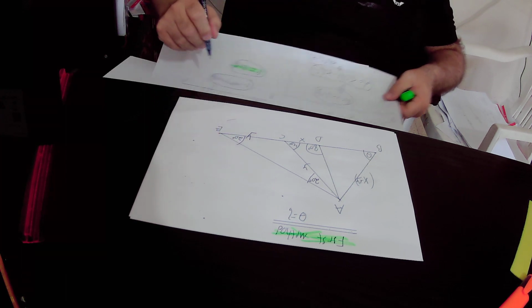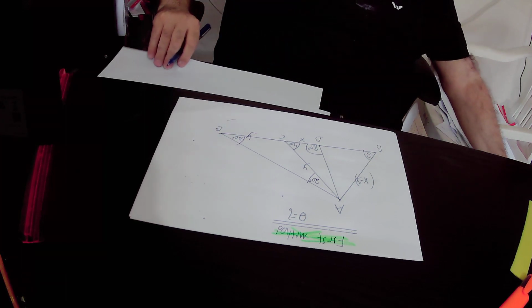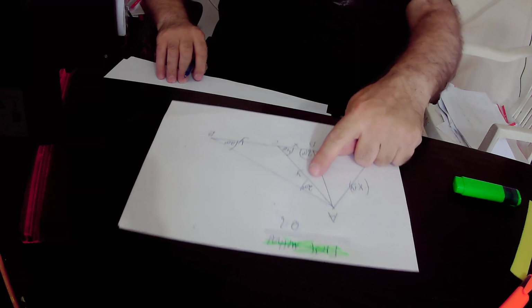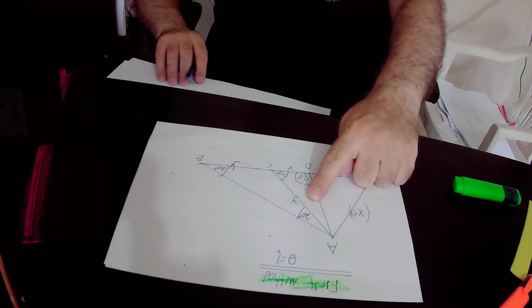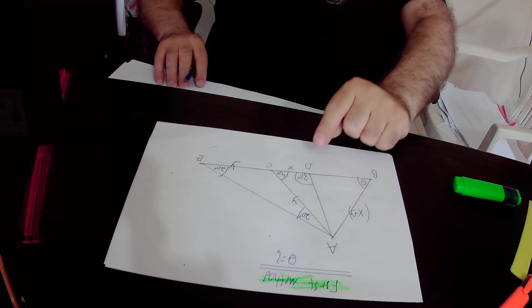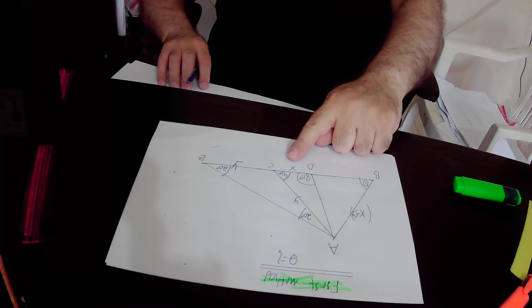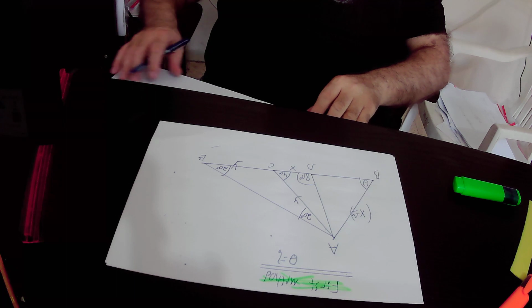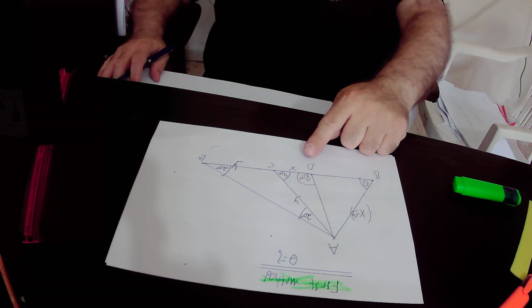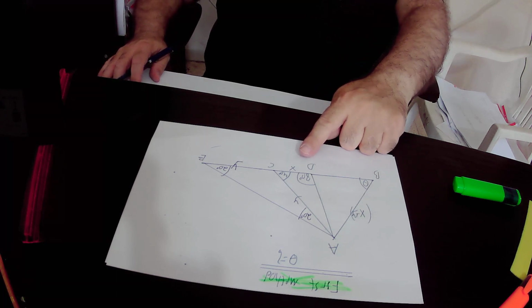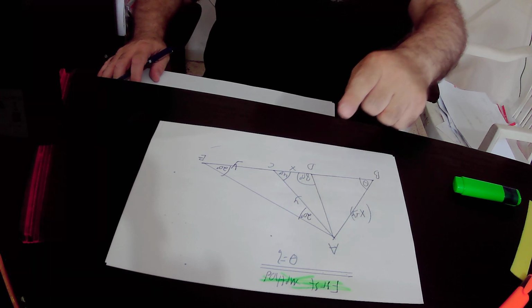In the next step, we'll focus on triangle ADC. In this triangle ADC, one angle equals 80 degrees and another angle equals 40 degrees. 80 degrees plus 40 degrees is 120 degrees.